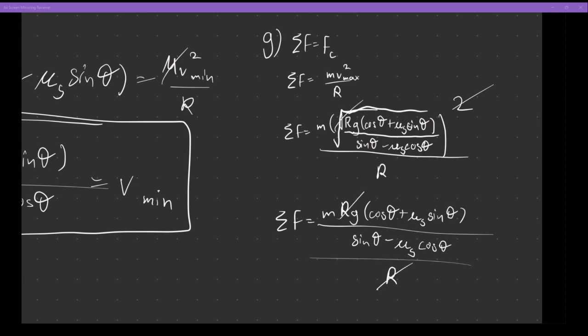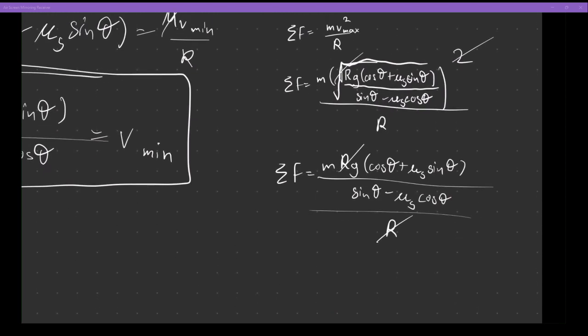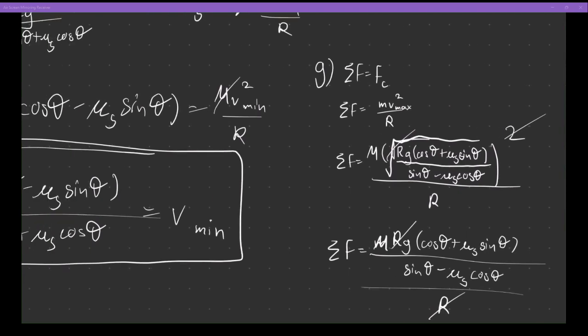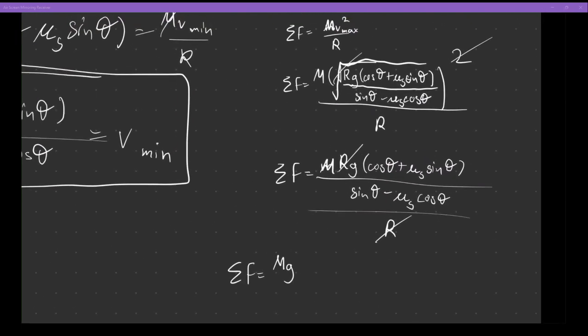This cancels out with that one, and so I get that net force is equal to mg. My bad for writing these all as lowercase. They should all be uppercase. It's a habit I've gotten used to. So it should be Mg times cosine theta plus mu s sine of theta over sine of theta minus mu s cosine of theta.